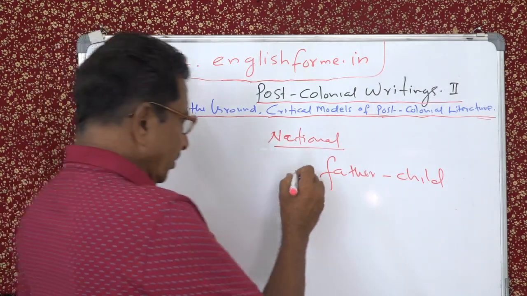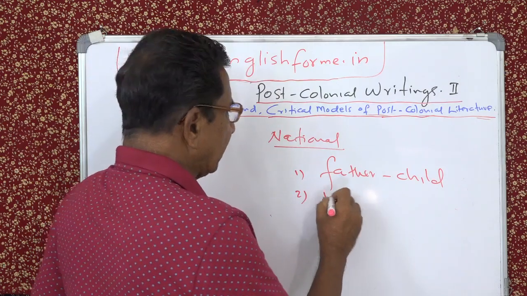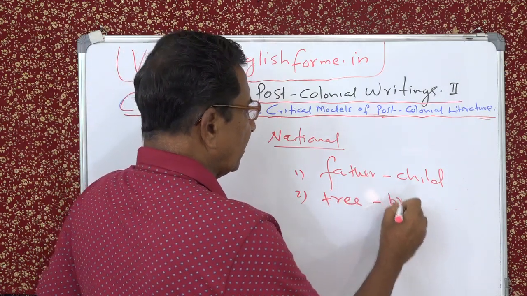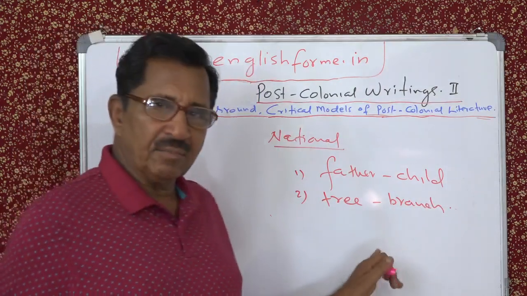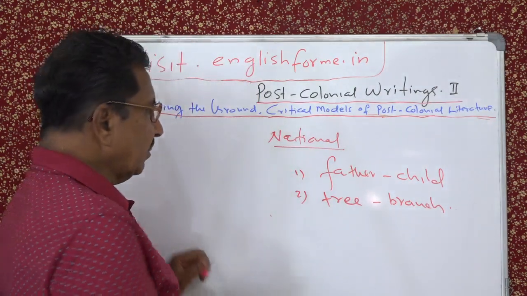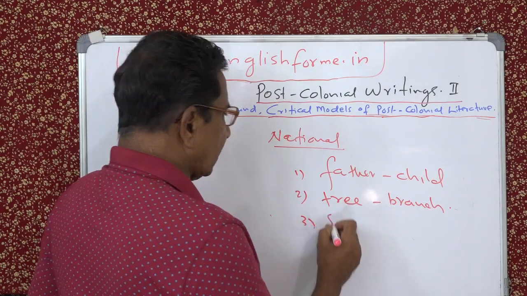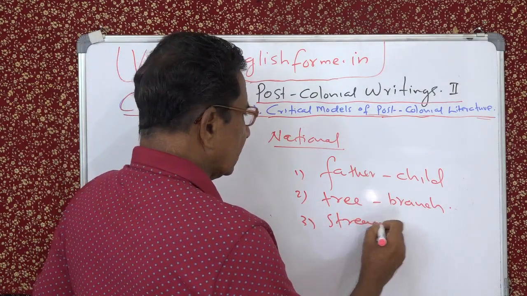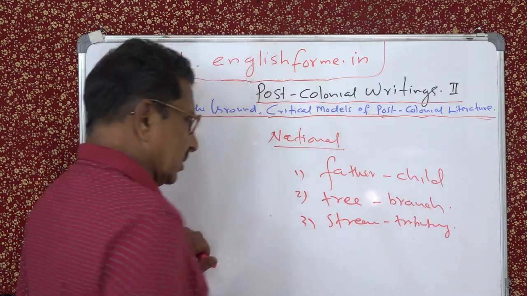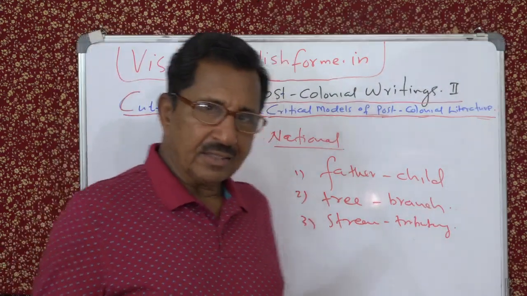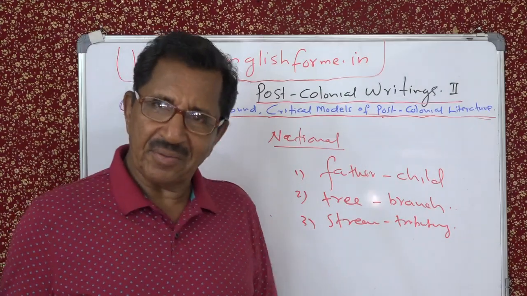Another metaphor they used is tree and branch. Who is the tree? England. The branch is America. The third metaphor that they used is stream and tributary. Stream is England, tributary is America.